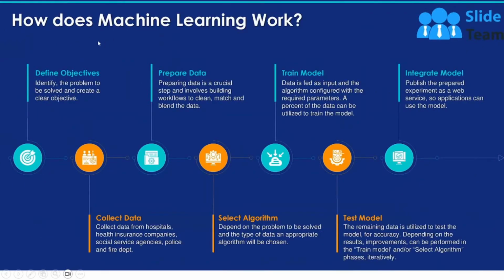So the basic approach of machine learning is that we are going to build some model. We have to train our model, and then our model will be able to predict some outcomes on test data or new data that is unseen by it.